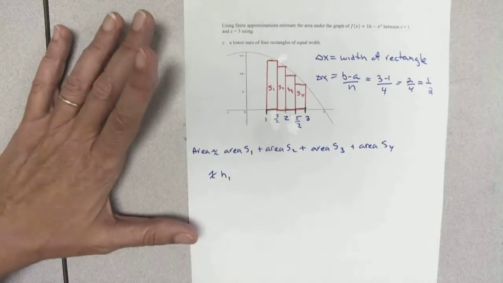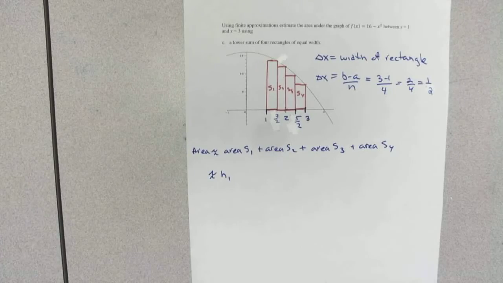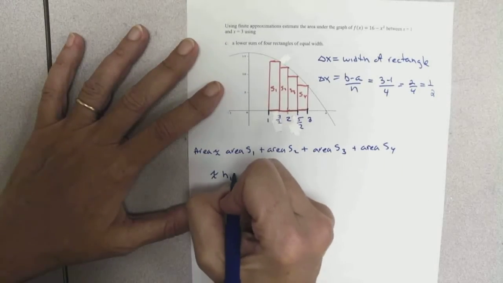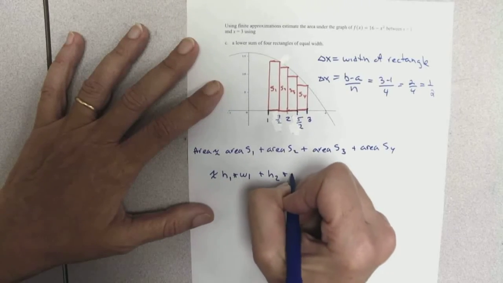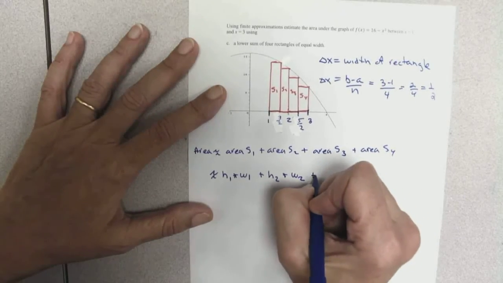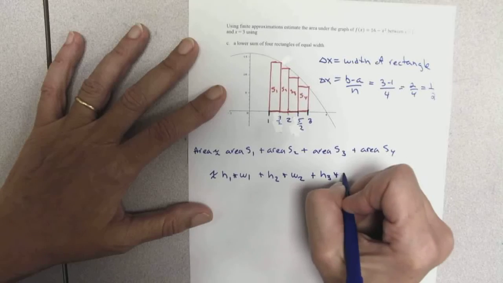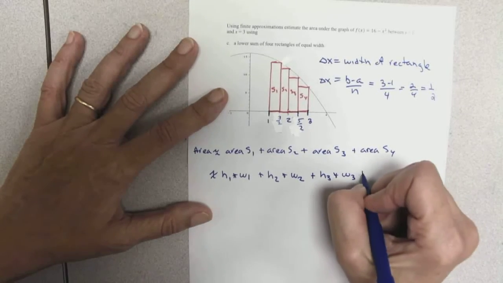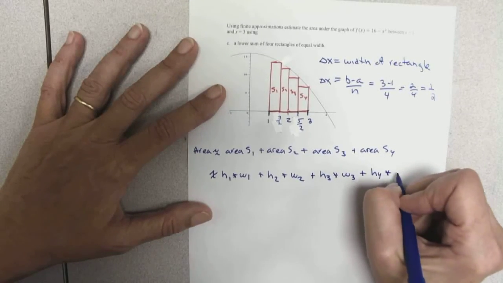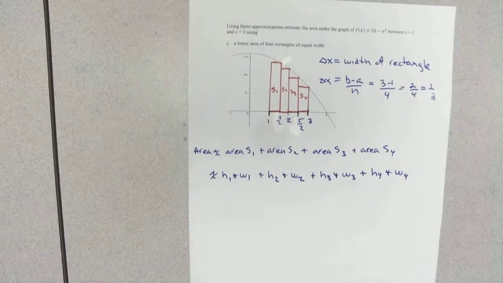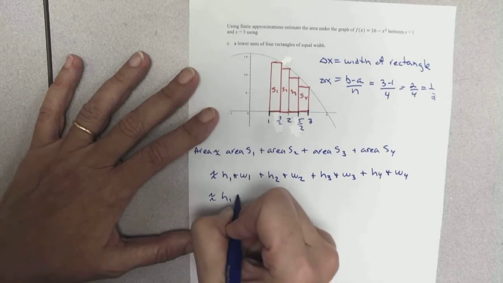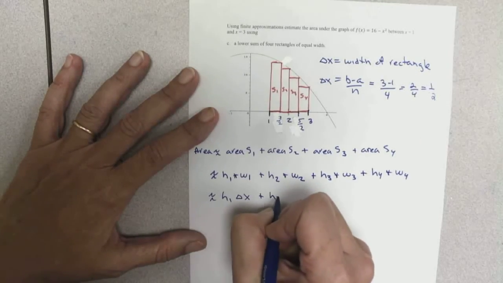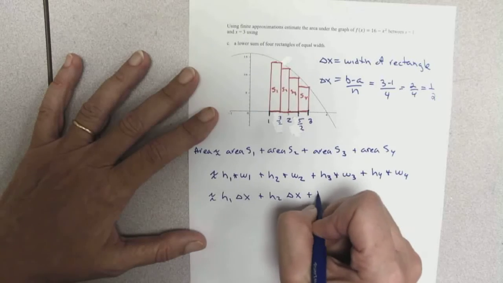So height 1 times width 1, plus height 2 times width 2, plus height 3 times width 3, plus height 4 times width 4. But in this case, since we said all the rectangles have equal width, I could have just as easily on that previous line said delta x.